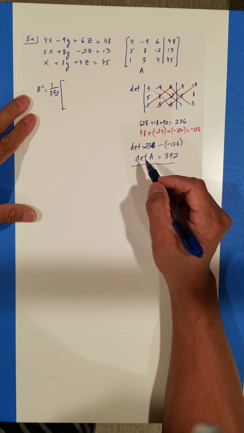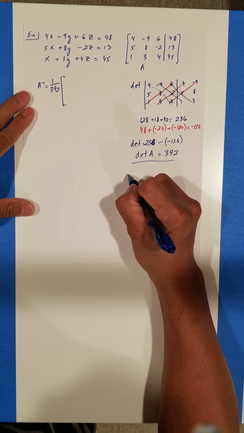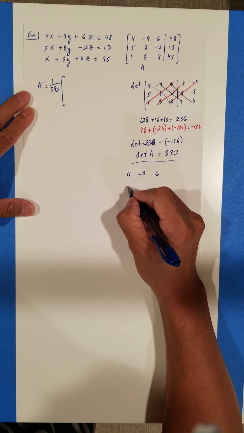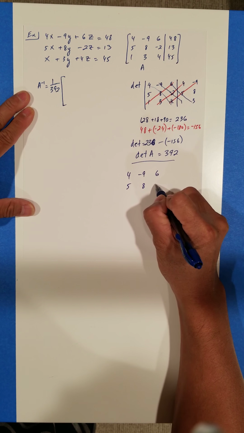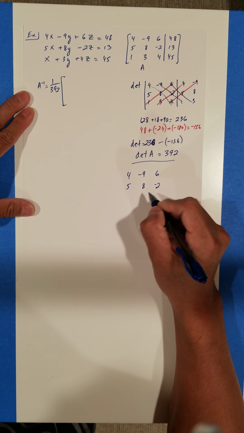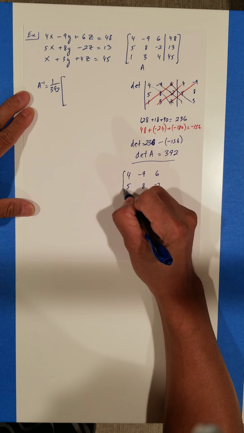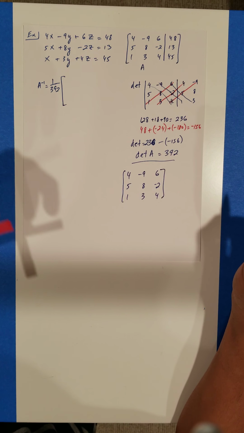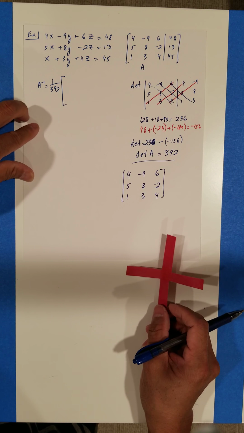Okay, so in order to do that, remember, you take 4, -9, 6, 5, 8, -2, 1, 3, 4, right? This is your matrix. So if you want to find the inverse, the first thing you do is find the determinant, which we did.